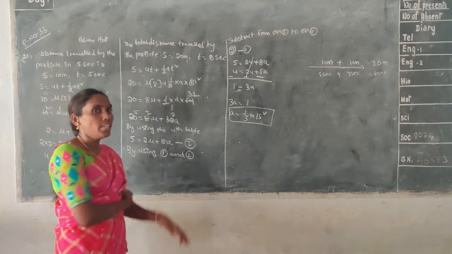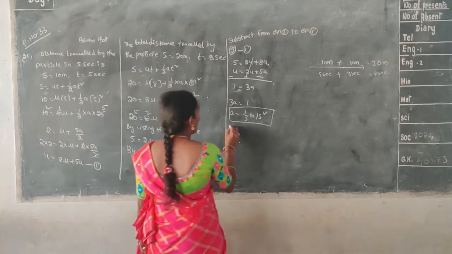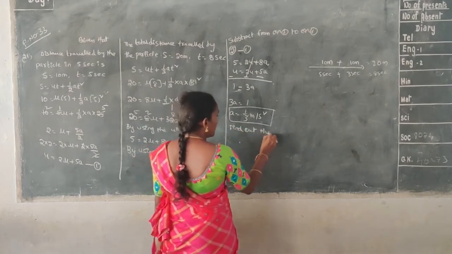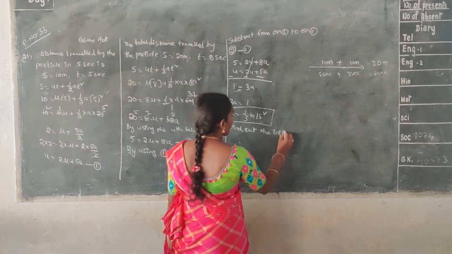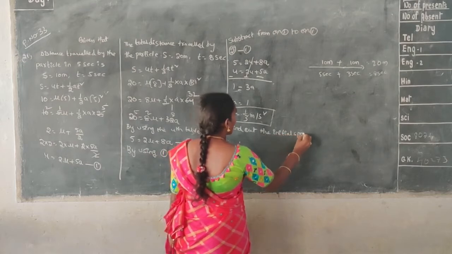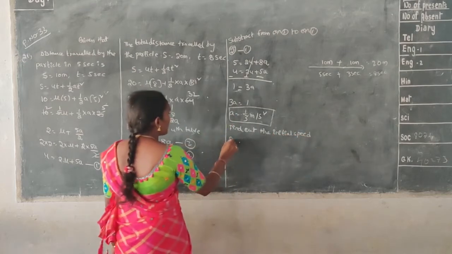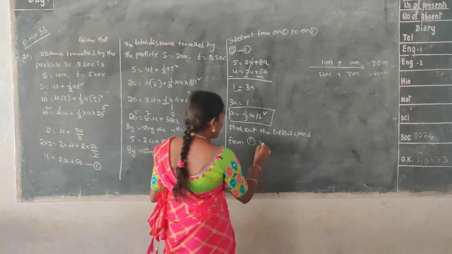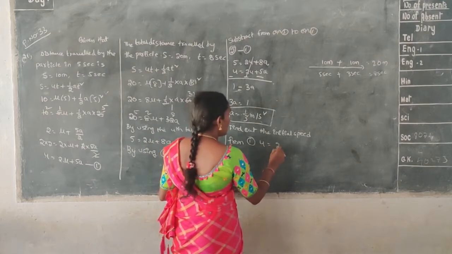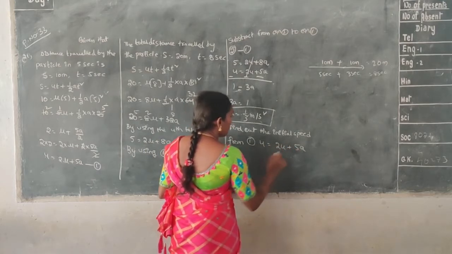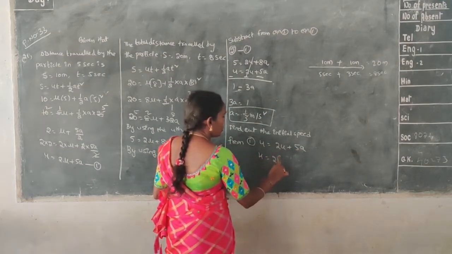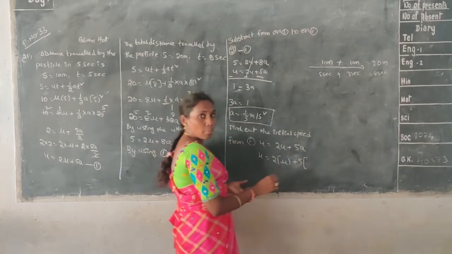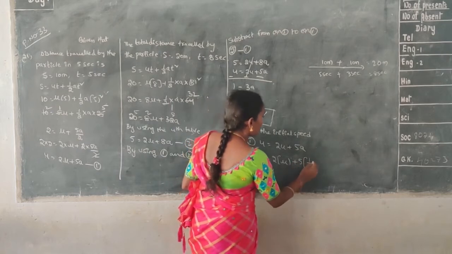And then find out the initial speed. From equation 1, 4 is equal to 2u plus 5a. 4 is equal to 2 into u plus 5 into a, where a means acceleration. Acceleration a is equal to 1 by 3.